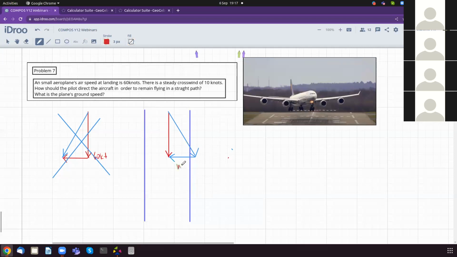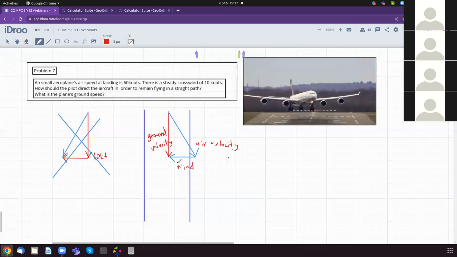So this is wind. This, we call air speed, air velocity. And here, this is we call ground velocity.